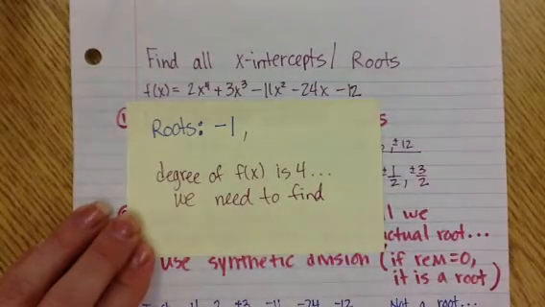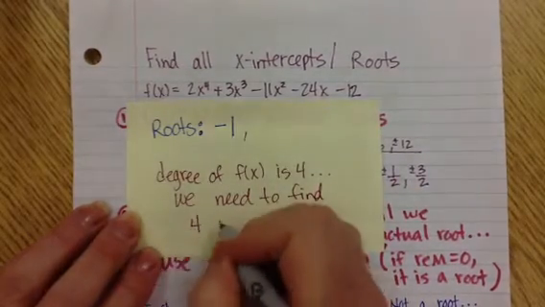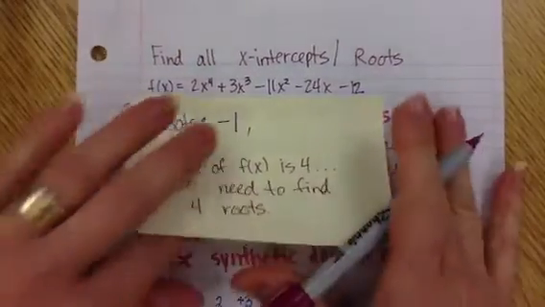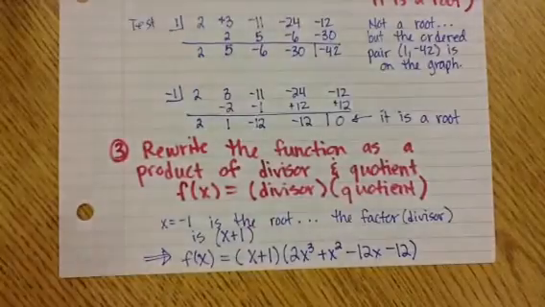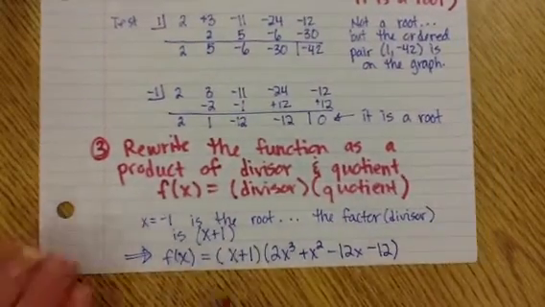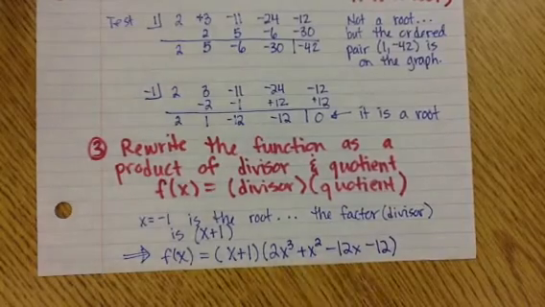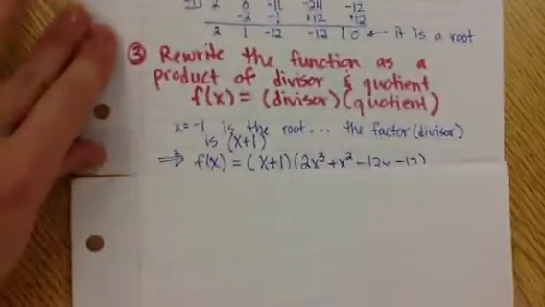If the degree is 4, then that means we need to find 4 roots. Okay, so we found 1, so we've got 3 more to go. Now notice that after we divided out our x + 1, we had 2x^3 + x^2 - 12x - 12 left.